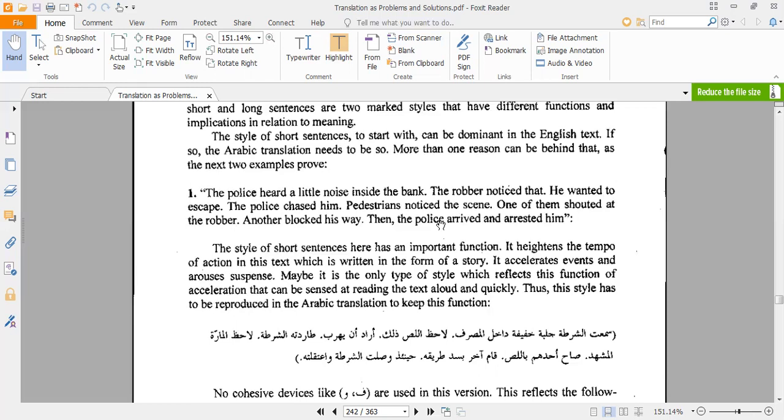A short sentence should be translated as a short sentence only to keep the stylistic value of the original text. The original English text, The police heard a little noise inside the bank, has a style that indicates the continuity of the actions. In other words, the actions are happening rapidly, one right after another.